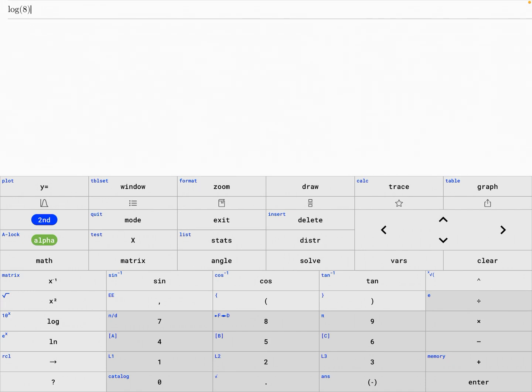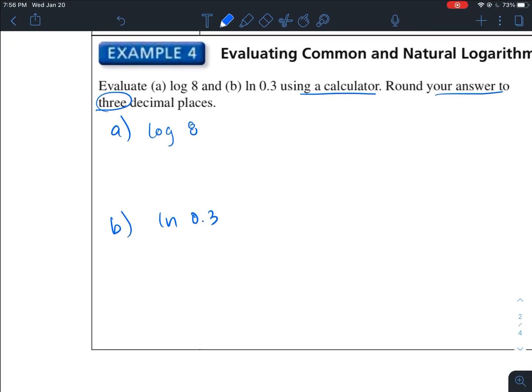Notice that it doesn't show the base here, and that's because it's automatically programmed to have a base of 10. So this is like saying log base 10 of 8. And when we click enter, we get 0.903.